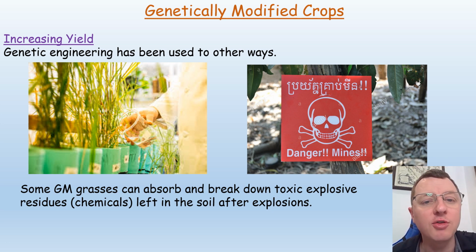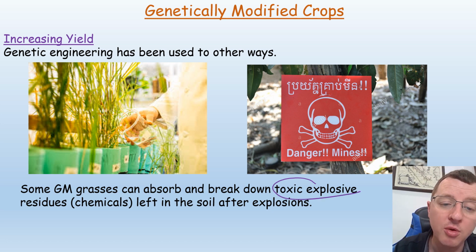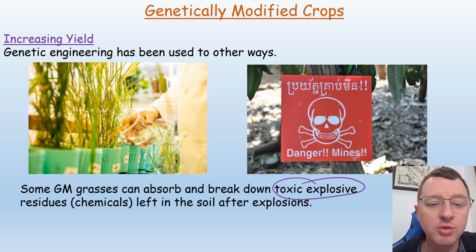Genetic engineering has also been used in other ways. For example, some genetically modified grasses can absorb and break down toxic explosive residues. These are chemicals that have been left in the soil after explosions.